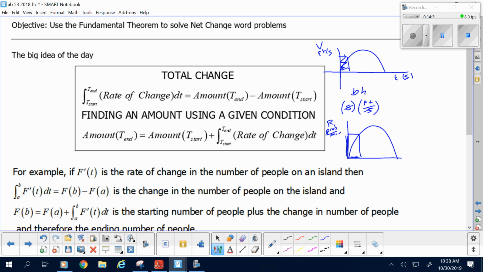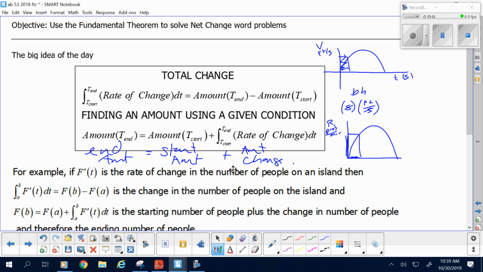And that would isolate the amount at end. You could also then say the amount at an ending point is just how much you started with plus how much it changes. Right underneath here, end amount equals start amount plus change, amount of change. That's what the integral finds, is how much change happened. And so by taking how much it started with and how much it changed by, you get how much it ended at.